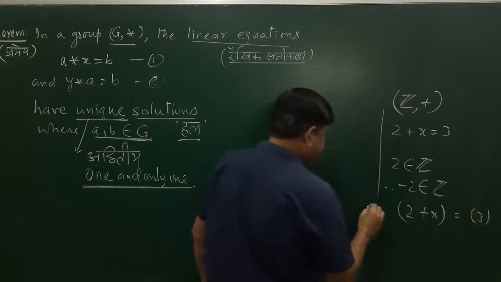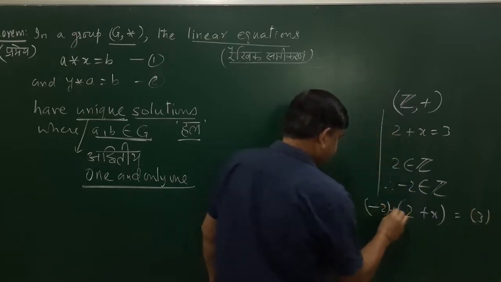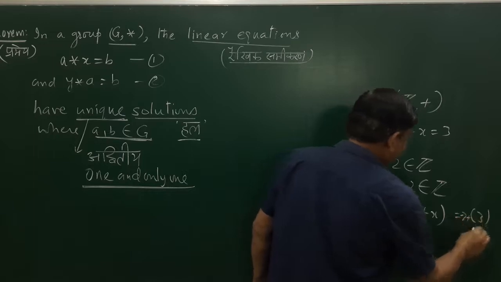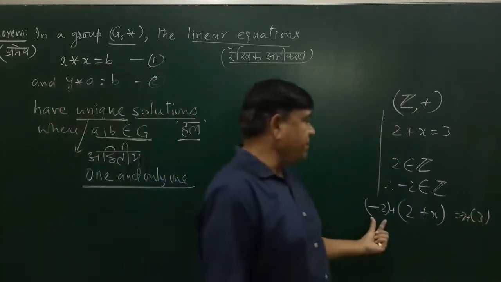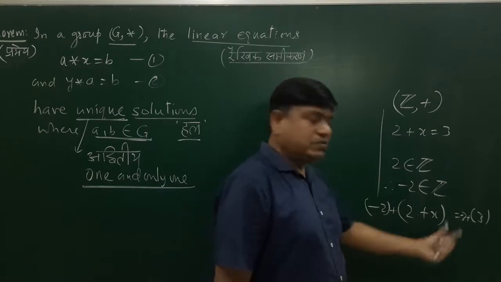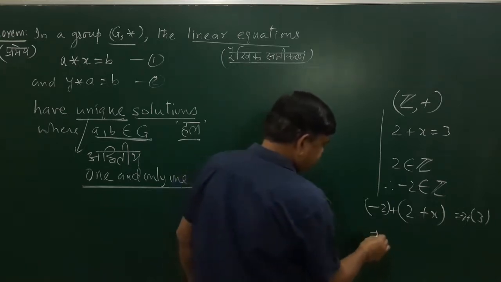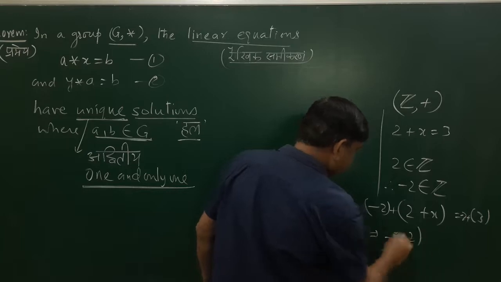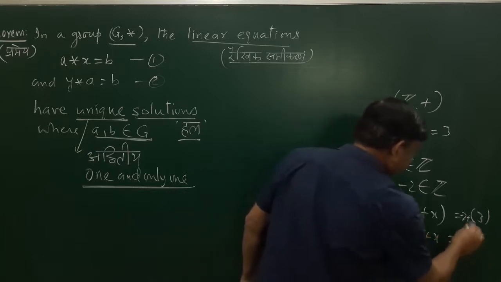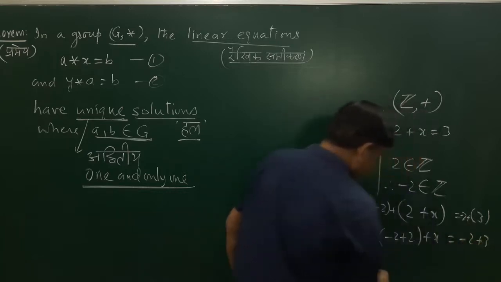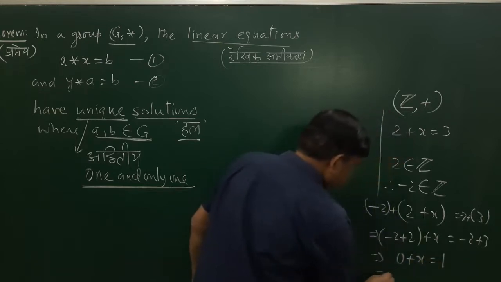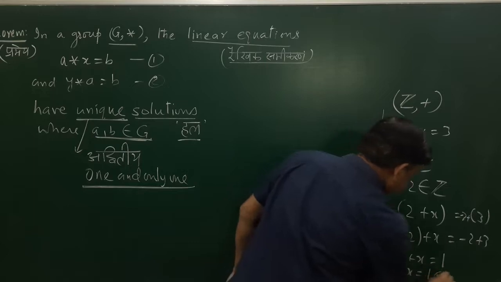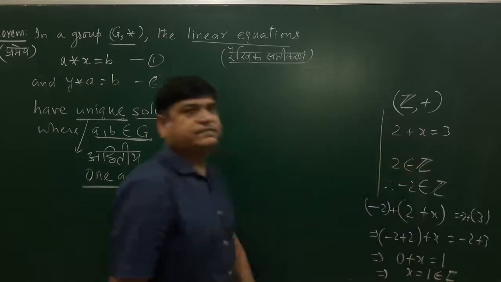So here I write, minus 2 composed with 2 plus x. Pre-operating by minus 2, this is minus 2 plus 2, associative law. And this belongs to Z.